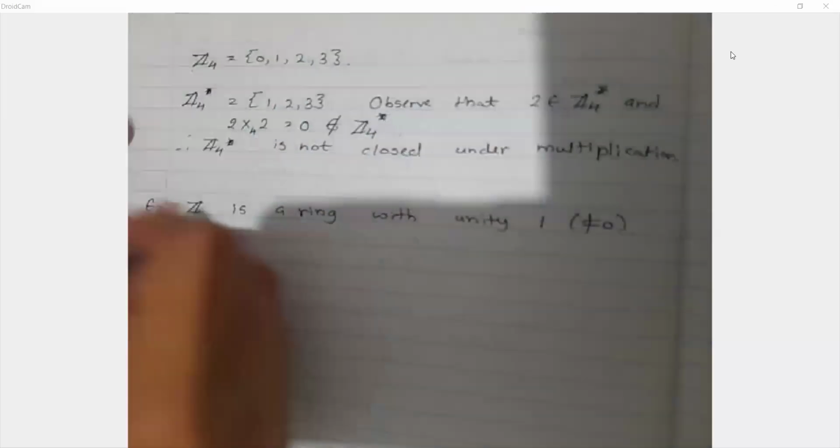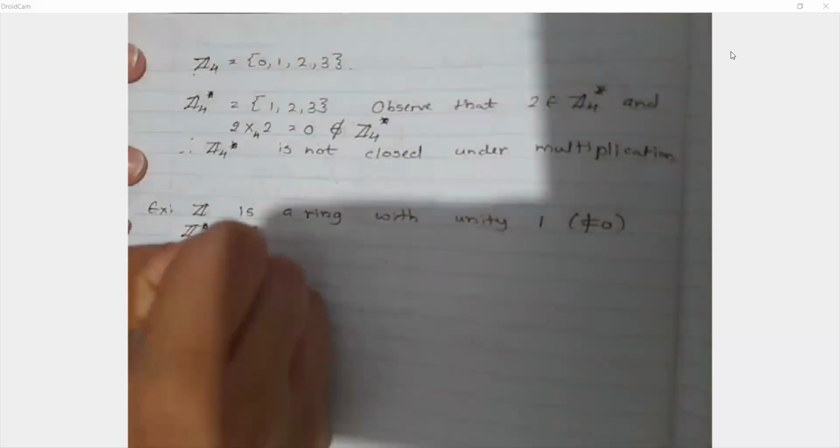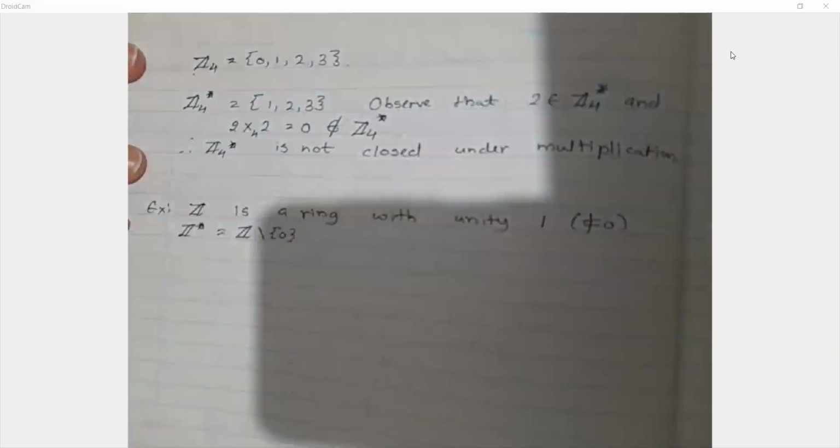If you consider Z star, that means it contains all the non-zero integers. Now this is closed under multiplication. Why? You take any two non-zero integers, multiply those two, you get a non-zero integer.